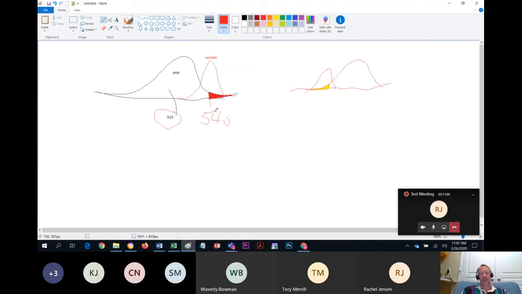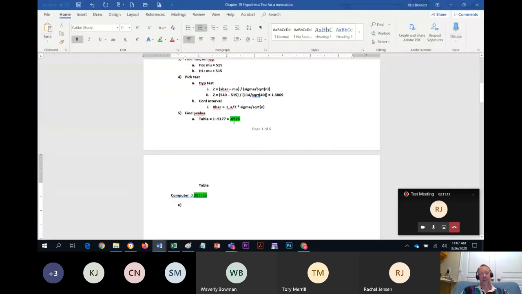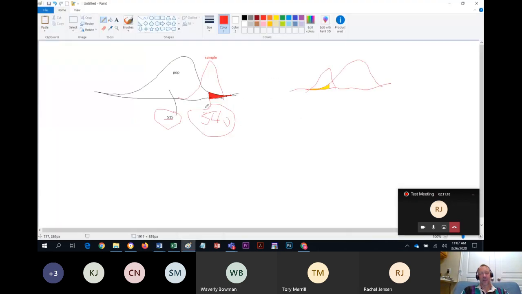So what's the probability of getting a 540 if the scores are really 515? The probability is very small. Well, it's 8%. There's an 8% chance you could get a 540 and be wrong, and it's really 515. Essentially, does that make sense, Rachel? Yeah. Because we're always comparing everything to the population.